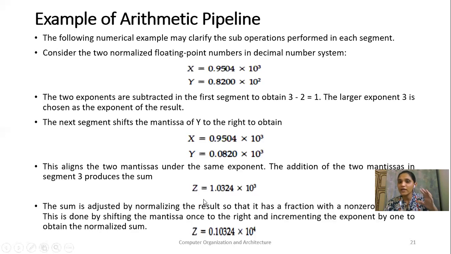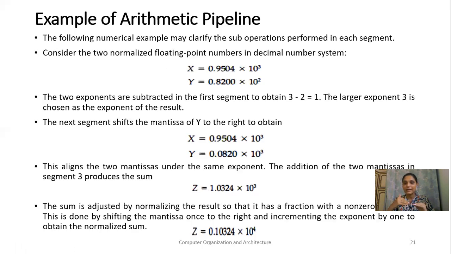What we have done: we first check the exponent terms. If the exponent terms are equal, then okay. If not equal, then you have to make them equal. How can you make the exponent terms equal? By shifting. You will shift the Mantissa of the other number to the right as required.